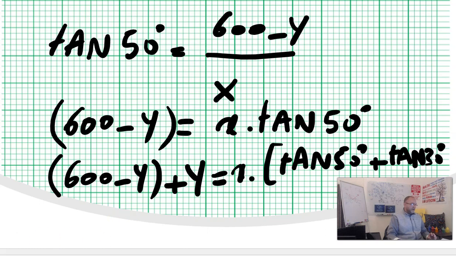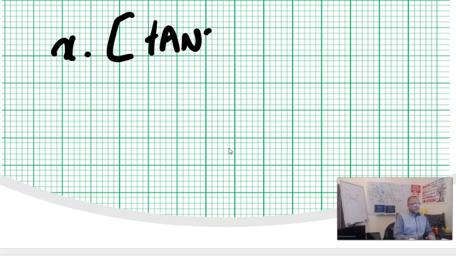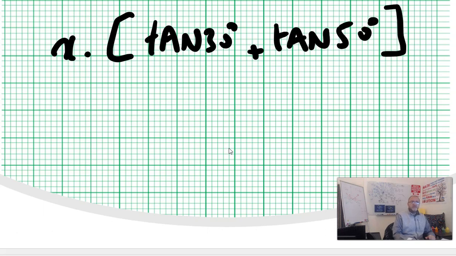So if I go back here, I have x times, I open the brackets, tangent 30 plus tangent 50 degrees. I know one of them, which is the tangent 30, which is square root of 3 divided by 3, which is around 0.57.